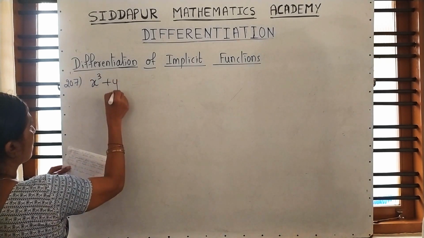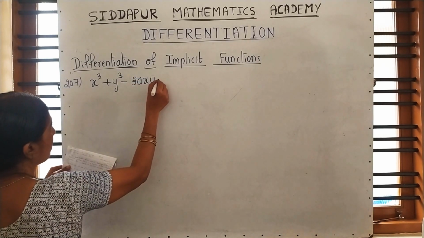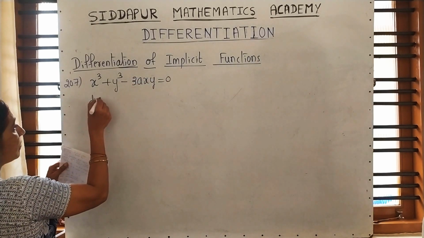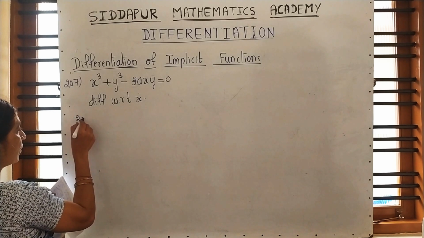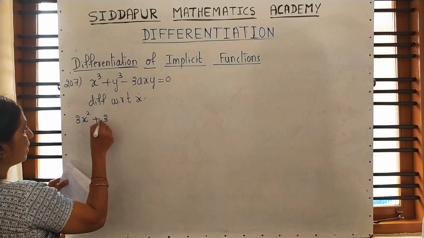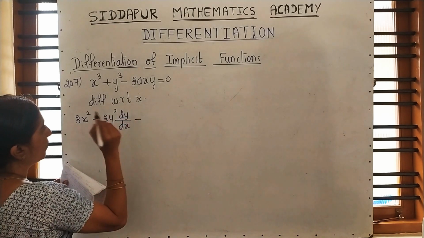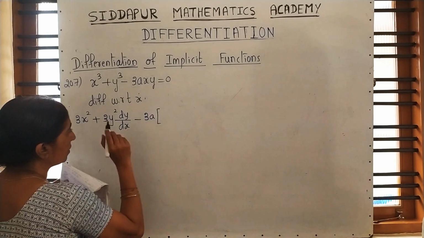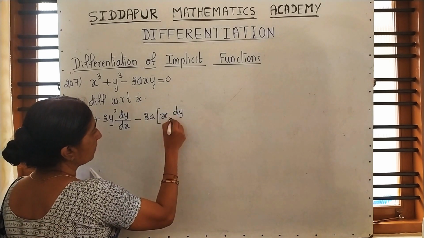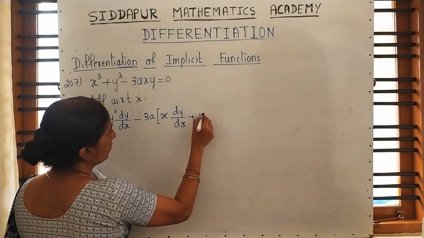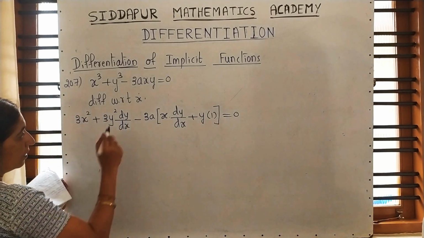x cube plus y cube. Differentiation of x cube is 3x square, differentiation of y cube is 3y square into dy upon dx, minus 3a constant. This is u into v. X as it is, differentiation of y is dy upon dx, plus y as it is, differentiation of x with respect to x is 1, and is equal to 0.